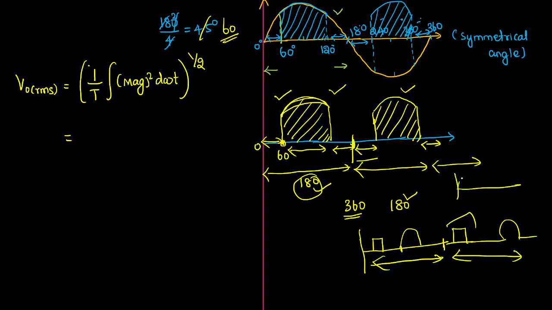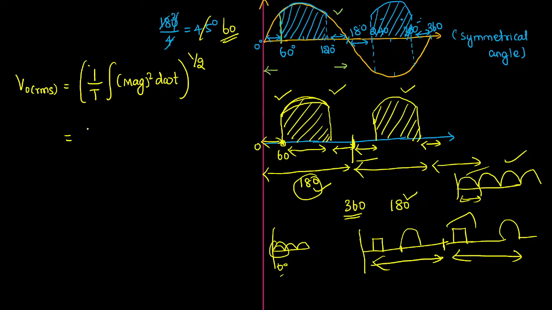Second case, first 180, second 180, third 180, fourth 180. If all the patterns are the same, for each and every 180 if you have the same waveform, then you should consider the period as 180 only. It is not only for 180 and 360. Suppose for each and every 60 degree I am getting the same waveform, then you can consider the period as 60 degree. So it depends on the nature of the waveform: after how many degrees the waveform is getting repeated again and again.